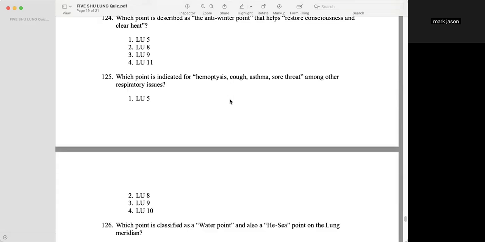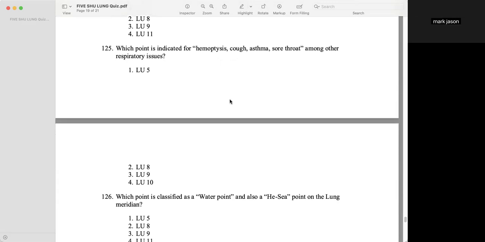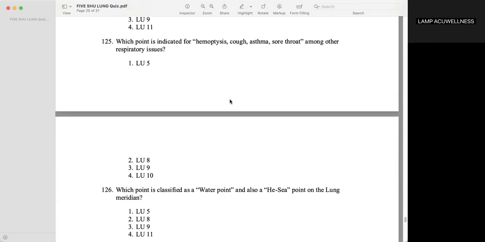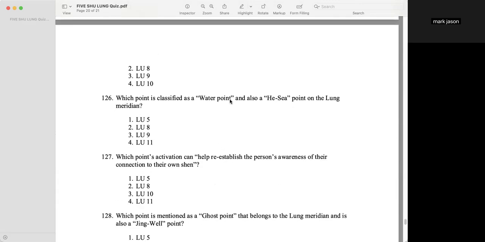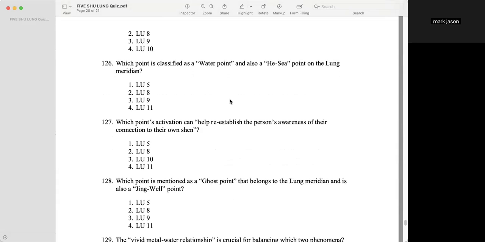Lung 11. Which point is indicated for hemoptysis, cough, asthma, sore throat, among other respiratory issues? Lung 10. Which point is classified as a water point and also a healthy point on the lung meridian? Lung 5.